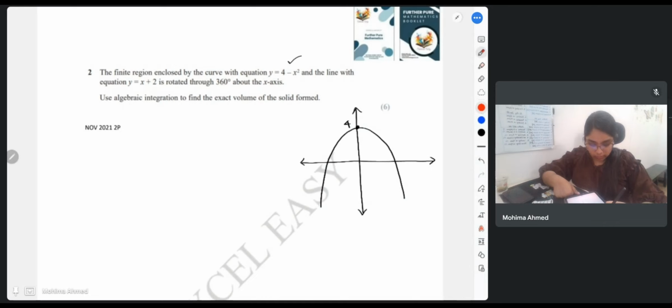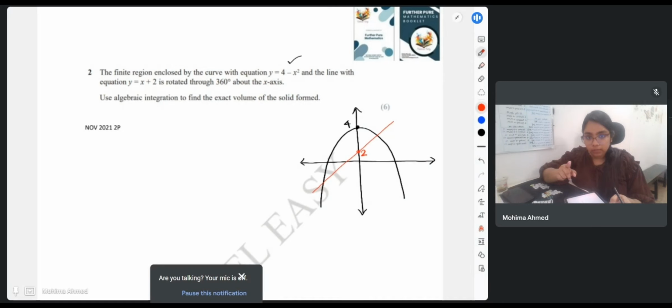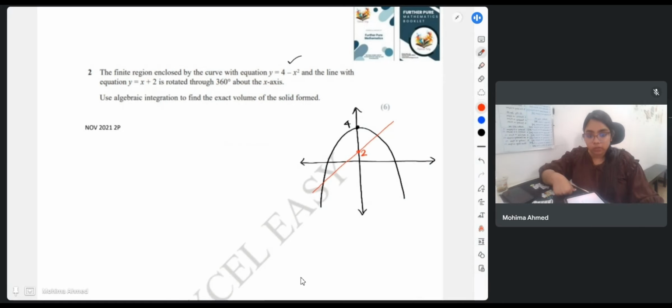In that case, the straight line is supposed to look like this, where it specifically crosses the y-axis at 2. Now, in this situation, the volume was enclosed between the finite region enclosed by the curve with the equation and the line with the equation. So it was only actually enclosed by the curve and the straight line. It was not bounded by the x-axis or y-axis. So in that case, we are only focusing on this entire section.